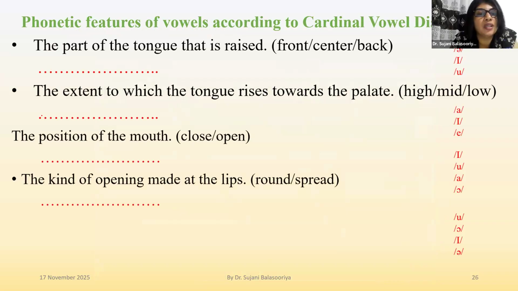Now, I was talking about these four phonetic features. I was talking about the first one actually. The part of the tongue that is raised. Accordingly, we have front vowel, center vowel, and back vowels, right? Then the second criterion, the extent to which the tongue rises towards the palate. Okay, extent. Now, within our mouth, we move our tongue in order to produce different vowel sounds. No?